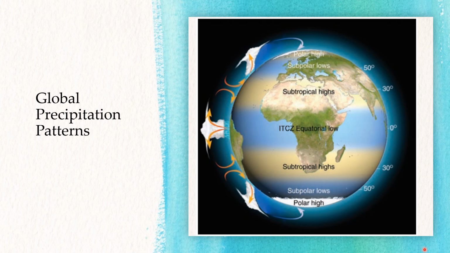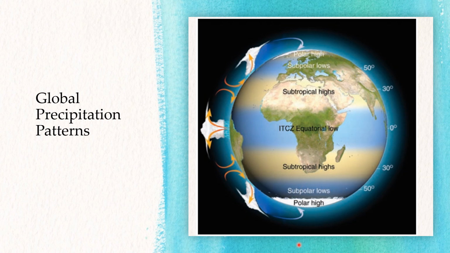Consequently, areas with high rainfall exist in the tropics, where humid air rises in conjunction with the ITCZ, or the Intertropical Convergence Zone, and between 40 and 55 degrees latitude, where middle latitude storms and the polar front force this air upward.